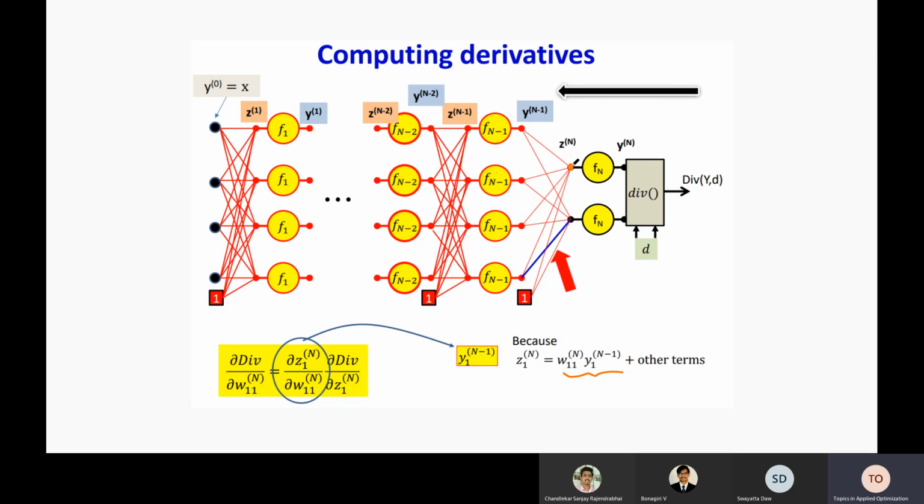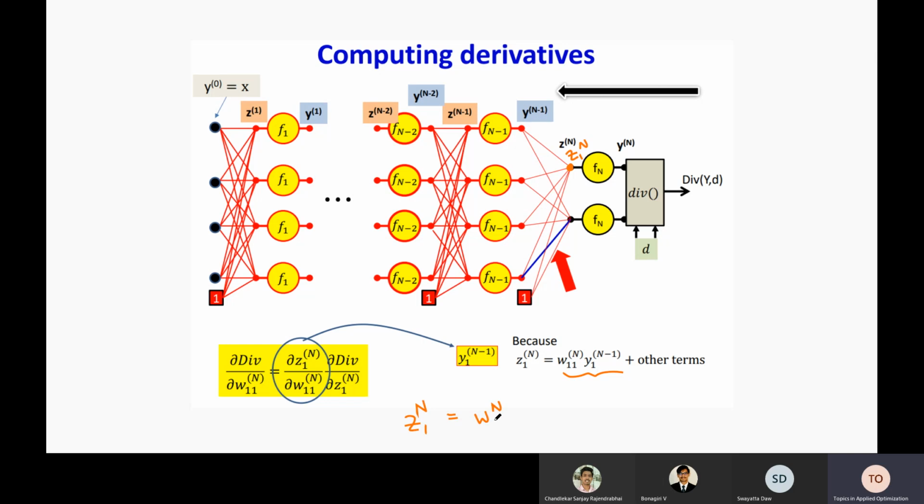So let me write it down fully, because many things are hidden in other terms. Z1n is a linear combination of the weights W11, W21, right? So let us write that.